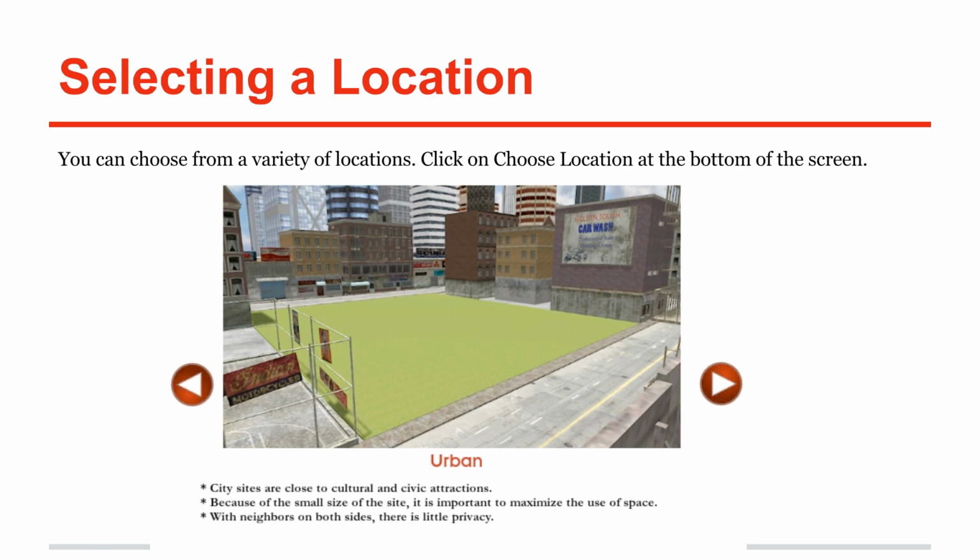You can click on choose location at the bottom of the screen, or you can scroll through and get detailed information about each location. Now, the thing that's important about scrolling through, if you just want to experiment and mess around with it, that's fine. But if you're trying to design it around your clientele, that is a different need.